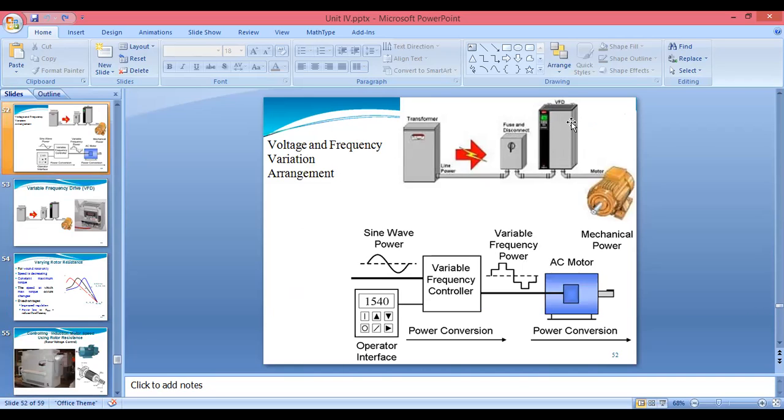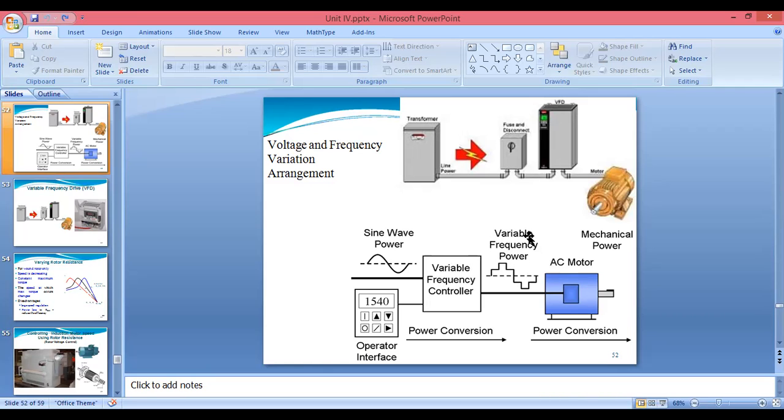It means we control its speed by controlling its frequency. So when controlling the speed of the three-phase induction motor, you can change its supply voltage or its frequency by using the variable frequency.